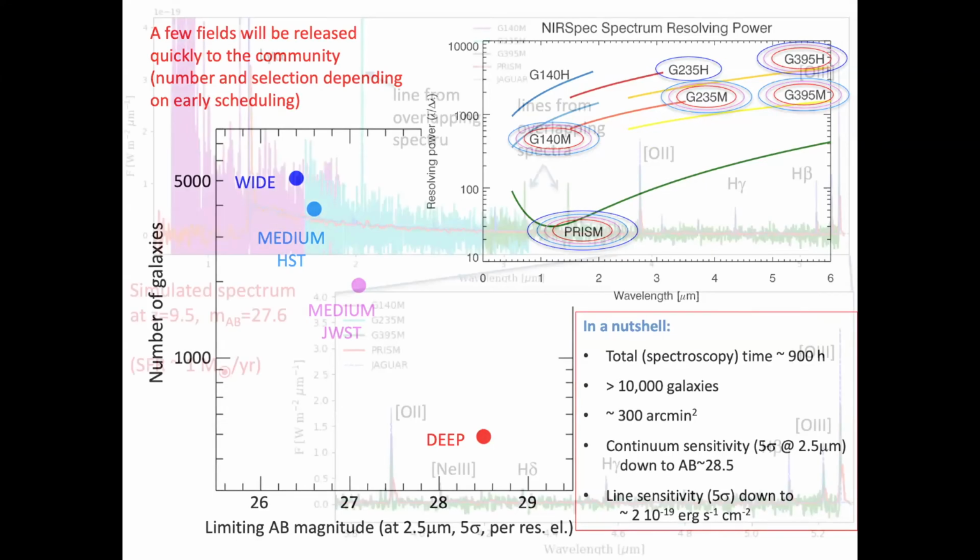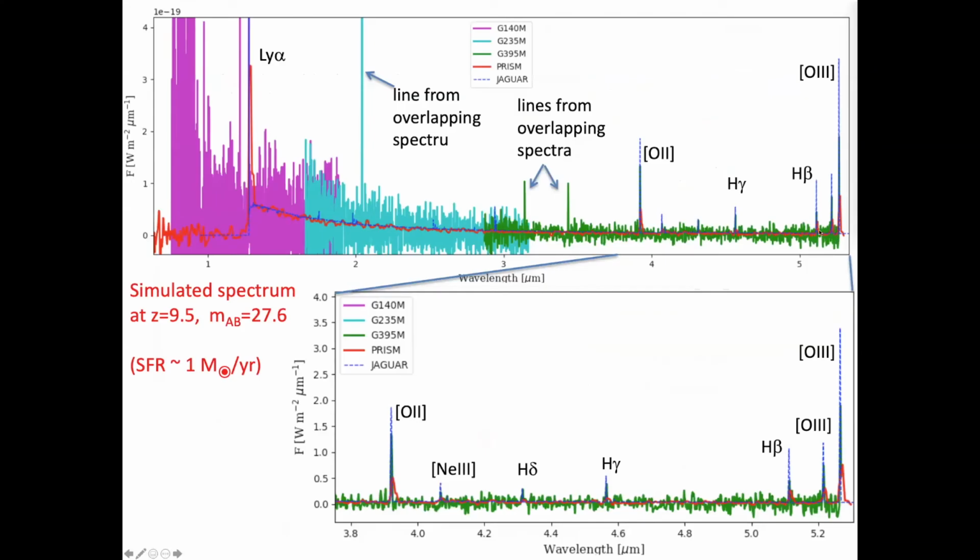This is an example of a simulated spectrum with the various dispersers of a galaxy at redshift about 9.5 and fainter than the 27th magnitude. The red spectrum shows the simulated prism spectrum, which detects the continuum at a high signal to noise.